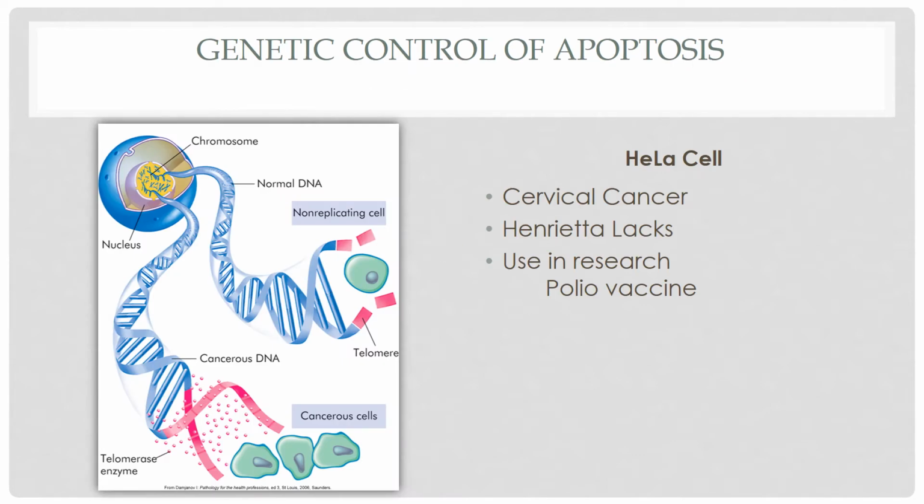Normally cells have programmed death called apoptosis, while cancerous cells can divide indefinitely. So there is no apoptosis in cancerous cells, and they are not only surviving, but they also continue to replicate.